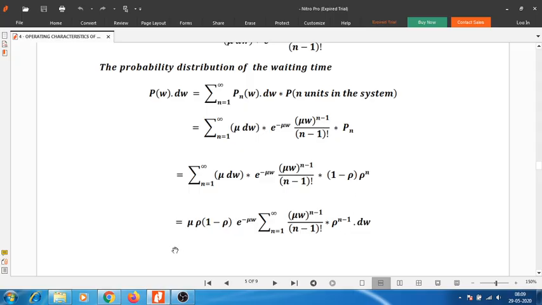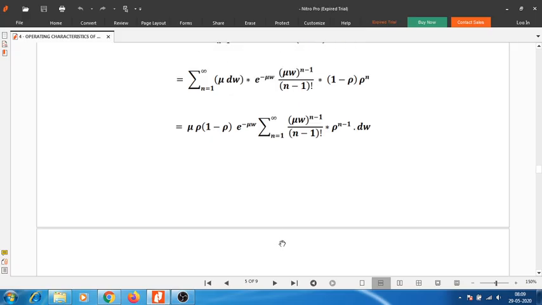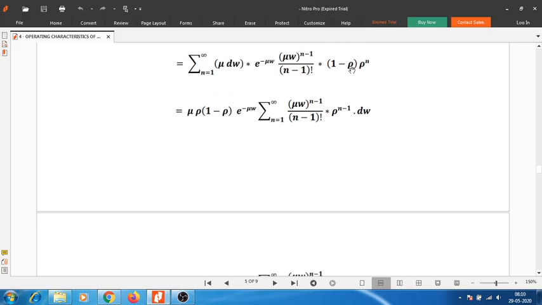That rho we take outside because the summation runs over n only. So here rho power n is taken outside, and instead of rho power n I write rho into rho power n minus 1. That rho is also taken outside. Now this mu is constant with respect to the summation, and e power minus mu w is also constant with respect to the summation.